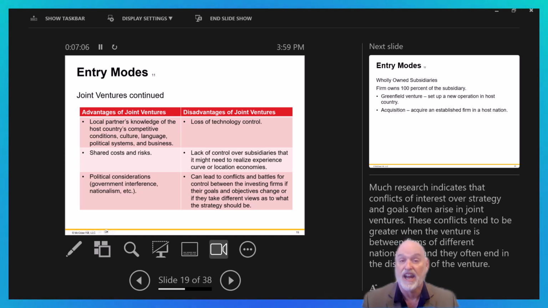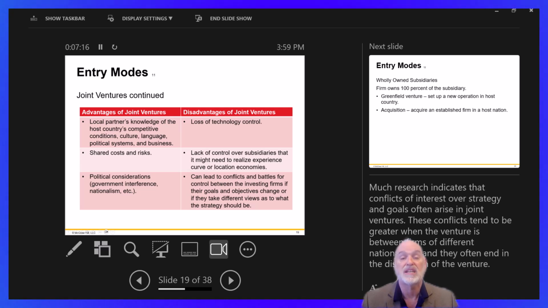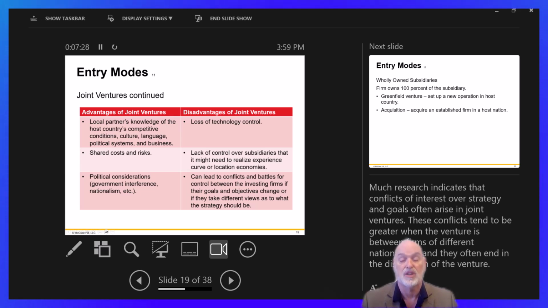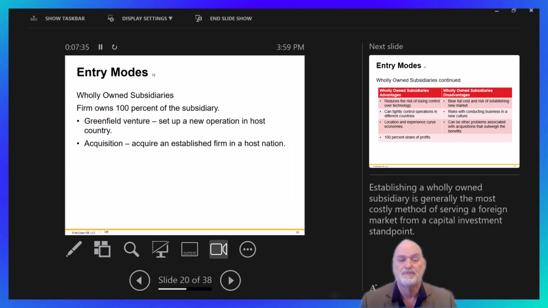There are also shared costs and risks, and political considerations such as government interference, nationalism, etc. The disadvantages include loss of technology control, lack of control over subsidiaries that the firm might need to realize experience curve or location economies, and it can lead to conflicts and battles for control between the investing firms if their goals and objectives change, or if they take different views as to what the strategy should be.